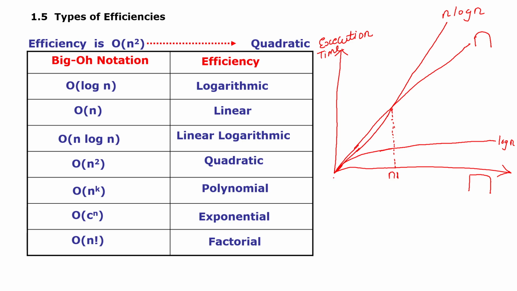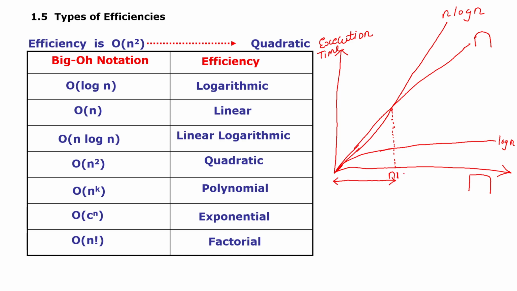I repeat, from 0 till n1, the graph of linear logarithmic is below linear, which means in this interval, the time taken by linear logarithmic is lesser than linear.